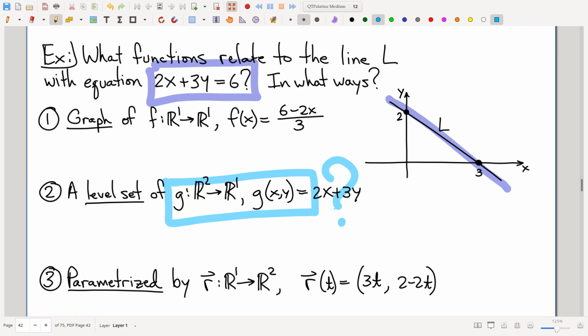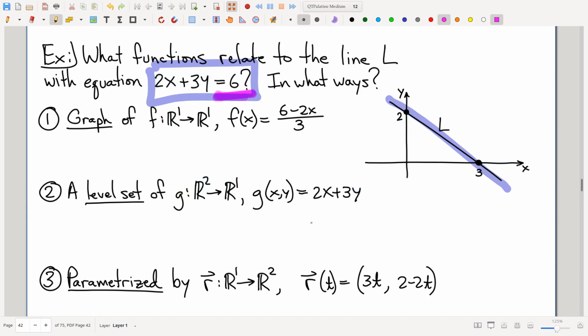Well, kind of a freebie, because it is already written literally as a function equaling a constant. So boom, 2x plus 3y. Easy answer. Is everybody on board with that? So this line L is a level set of that function g.